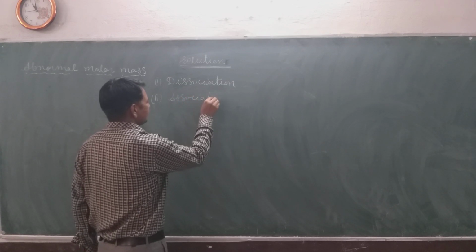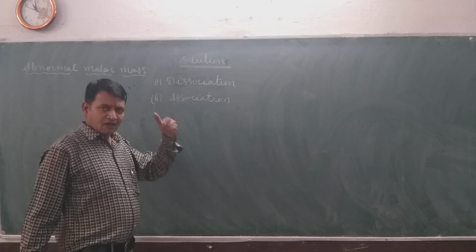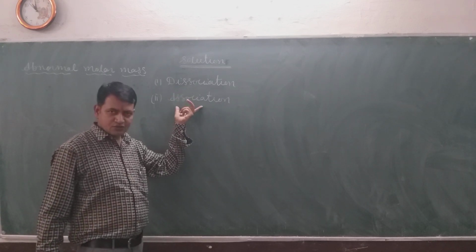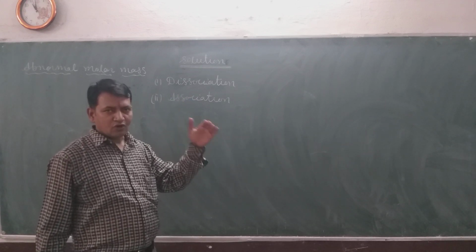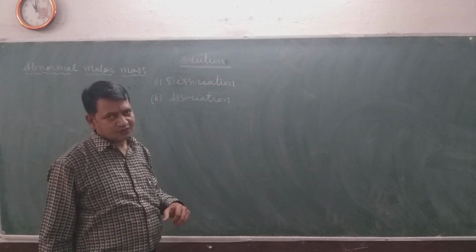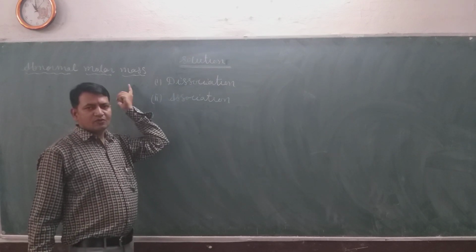The meaning is that due to these two processes in a solution, either dissociation or association, we obtain a difference between the normal molar mass of solute and the observed molar mass of the solute. So these two phenomena are responsible for the abnormal molar mass.